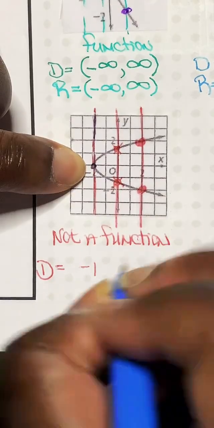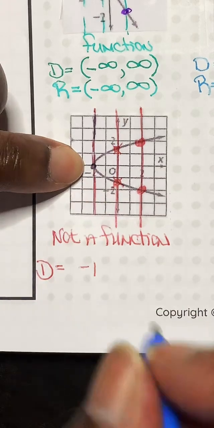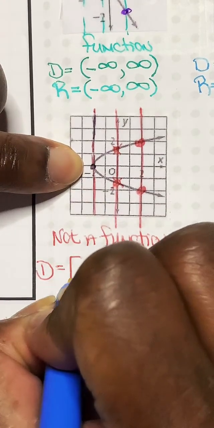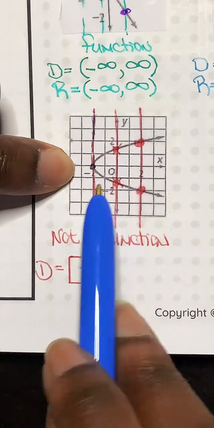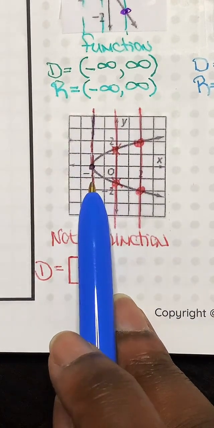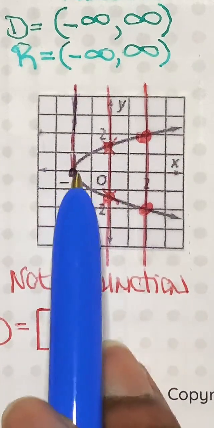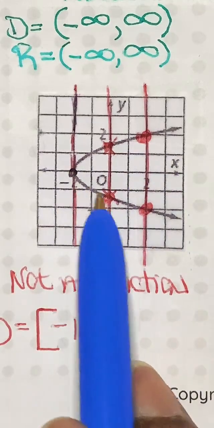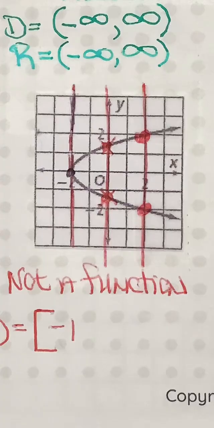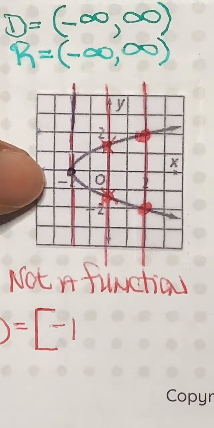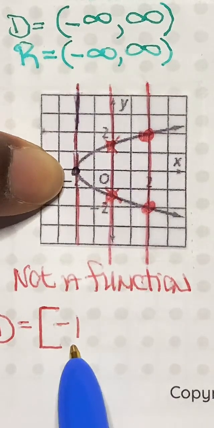And since it is a solid point because there's not an opening there, that's going to give me a bracket. So the lowest number we had was -1. There's no gap. It's a solid continuous half of an ellipse or a hyperbola. Here we go. So now we got that -1.